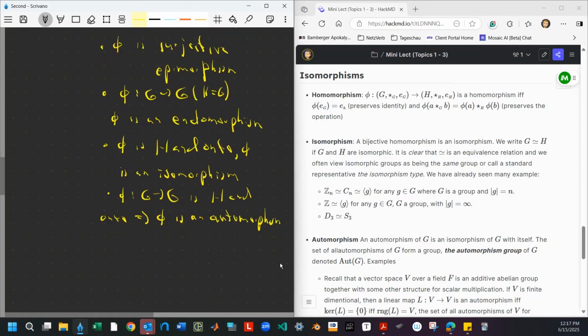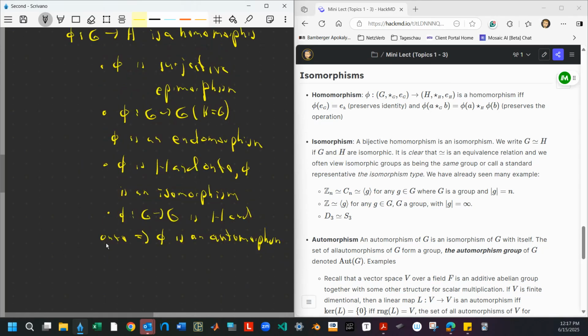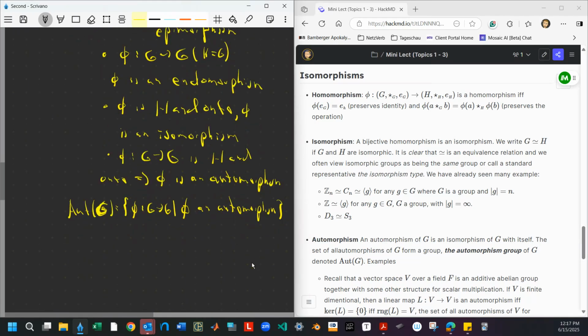And I guess an important thing here is that Aut(G), which we'll look at a lot, is the set of all phi from G to G, phi an automorphism. It is a group, the automorphism group.